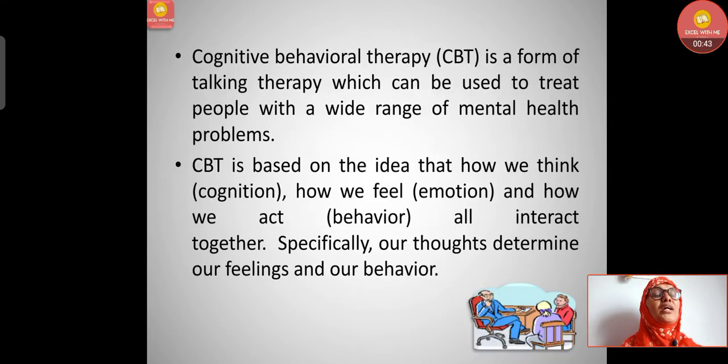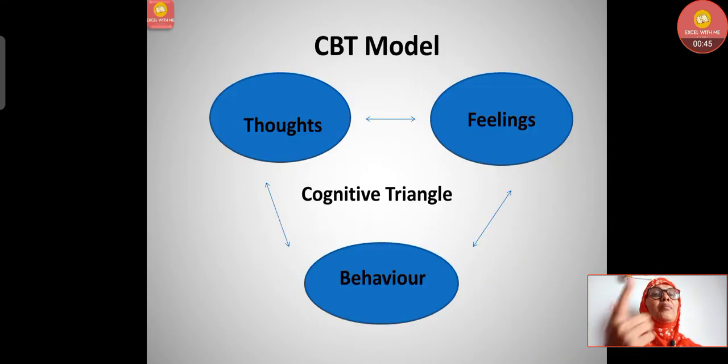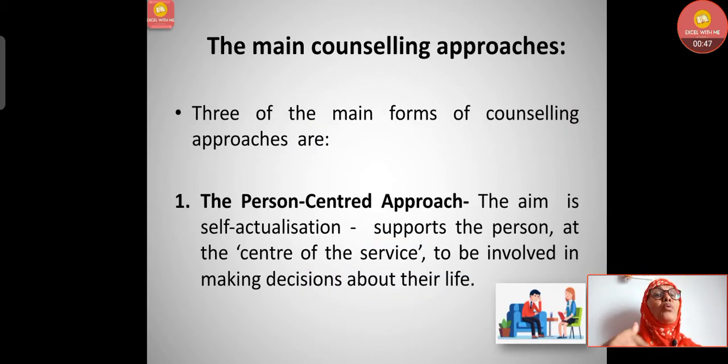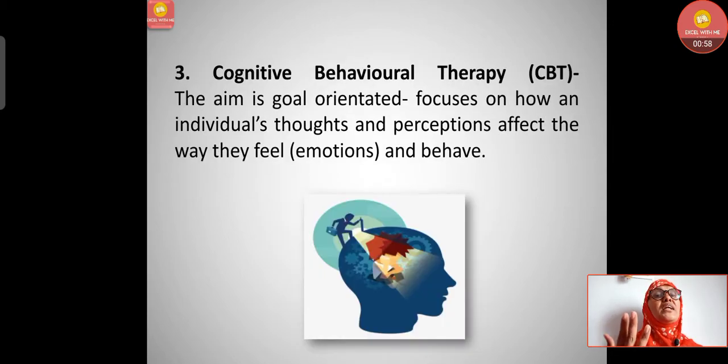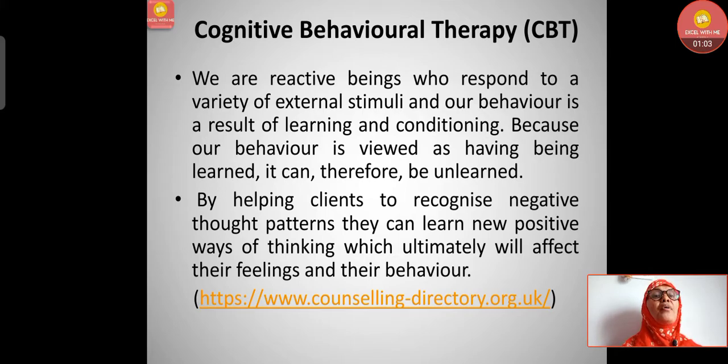We have discussed what the CBT model is about and the three main counseling approaches, that is, the person-centered approach, the psychodynamic approach, and then CBT, cognitive behavioral therapy. We need to discuss cognitive behavioral therapy in detail.